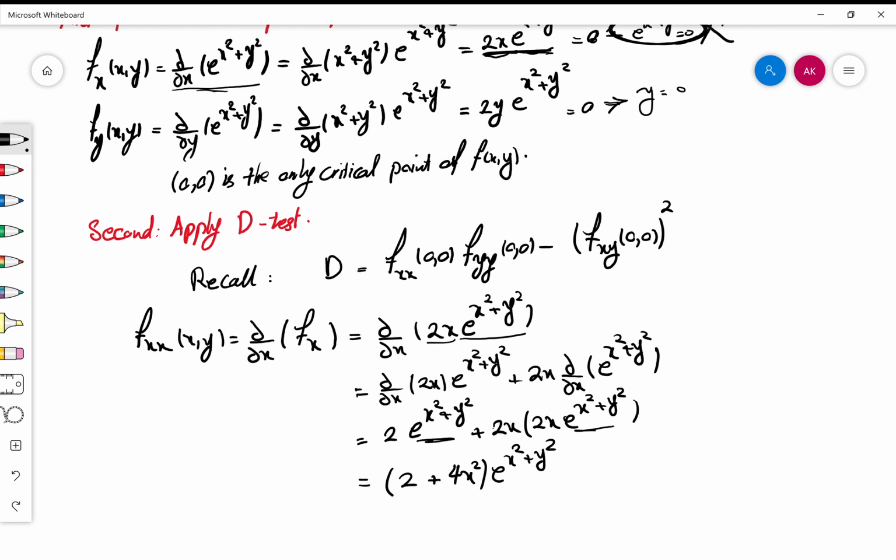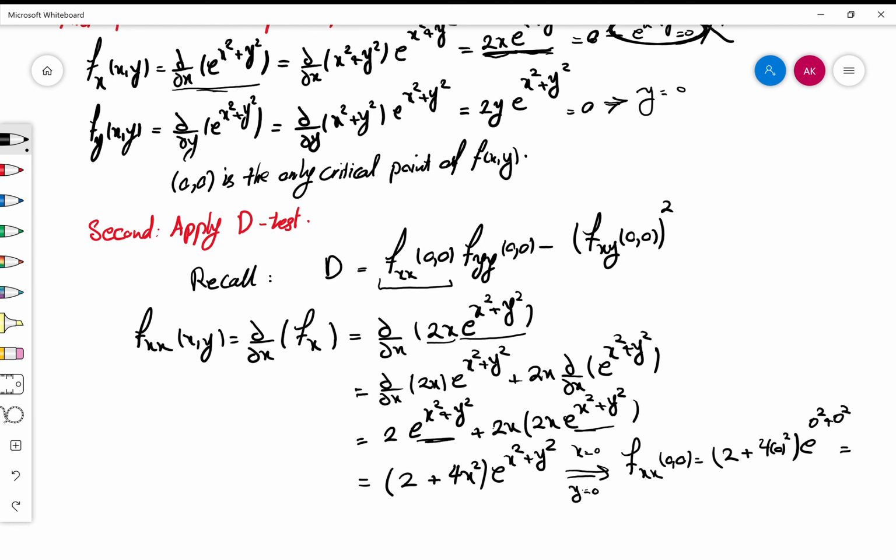And since we are looking for fxx at (0, 0), let's just put x equal to 0, y equal to 0. So fxx at (0, 0) is going to be 2 plus 4 times 0 squared times e to the power 0 squared plus 0 squared.